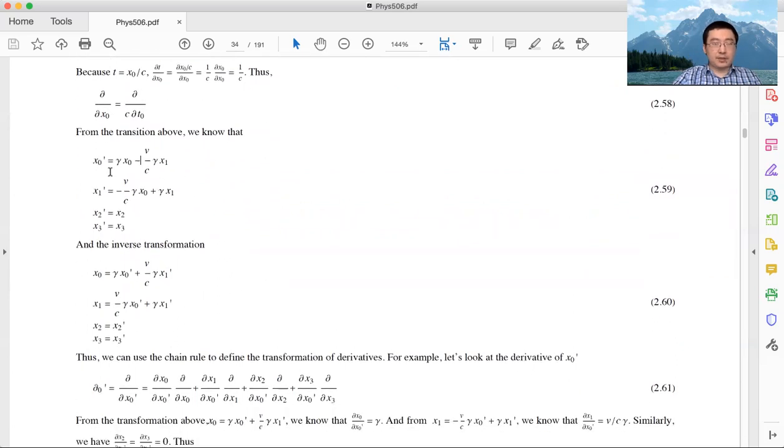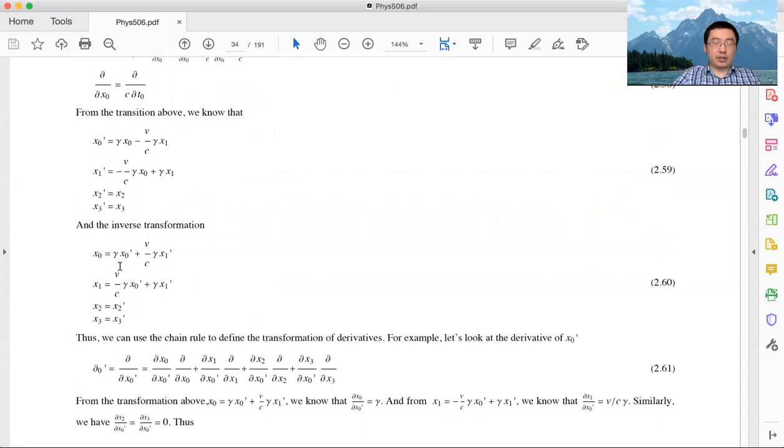We know that under the Lorentz boost, the coordinates x0, 1, 2, 3 transform like this. That's the Lorentz boost. We can also define the inverse Lorentz transformation that takes us from x prime back to x. The transformation and the inverse transformation are almost the same, except for the opposite sign for the velocity.